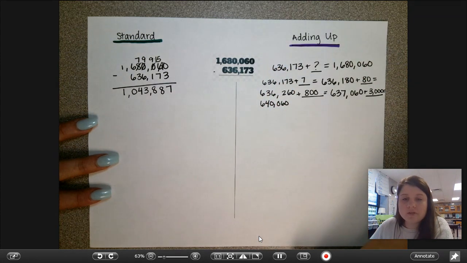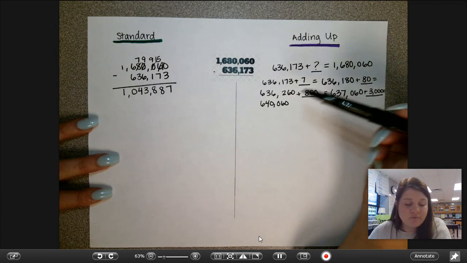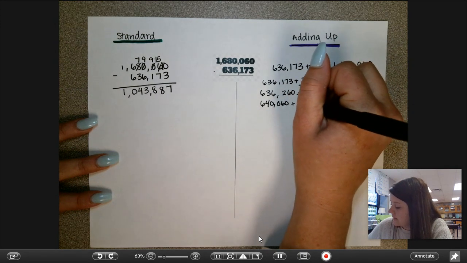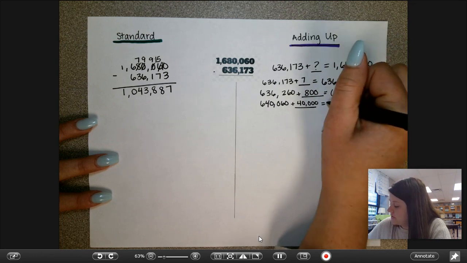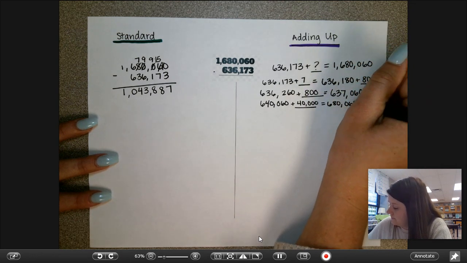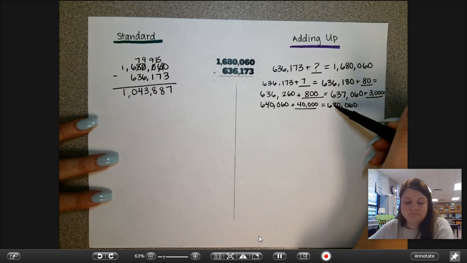So I'm getting really close, and now I have to match the 10,000s place. And I know 4 plus 4 is 8, so I'm going to add 40,000 here. And that gets me to 680,060. Now, all of my numbers match so far.